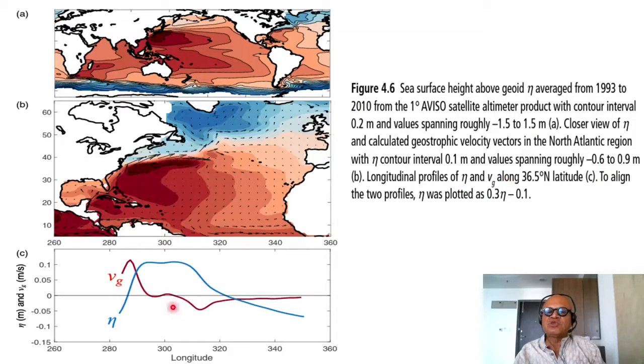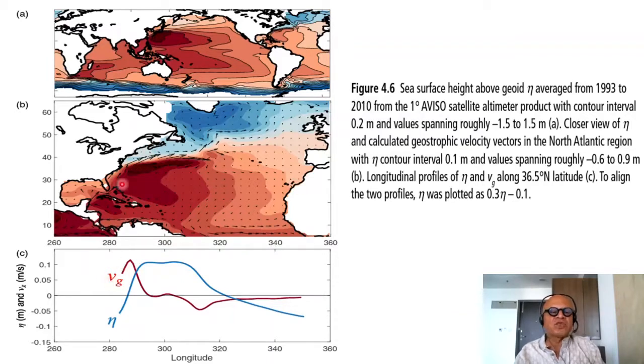This is the longitudinal profile of sea level and geostrophic currents along 36.5 north, which is somewhere here. So you can see that the sea level is low here and increases towards this direction and then falls off as you go towards the east, with respect to the zonal mean.